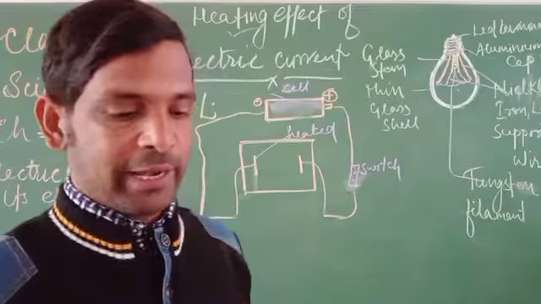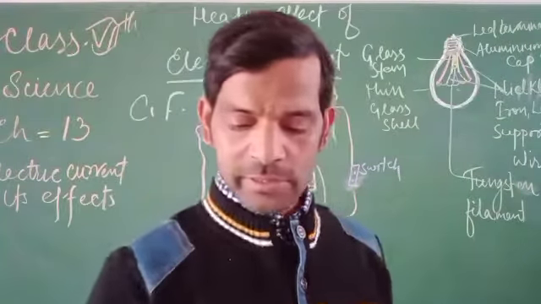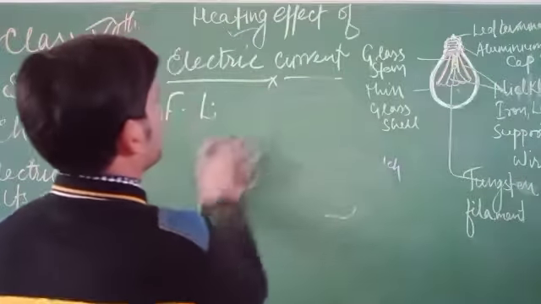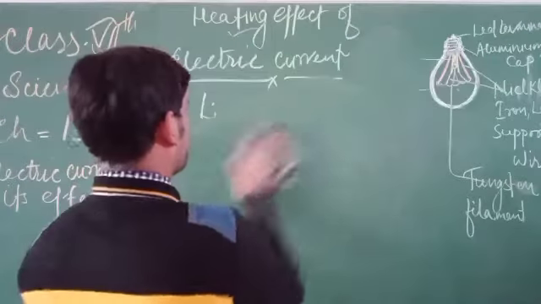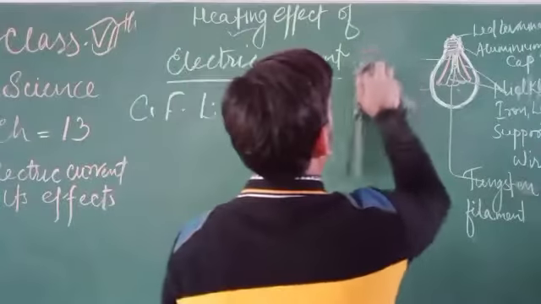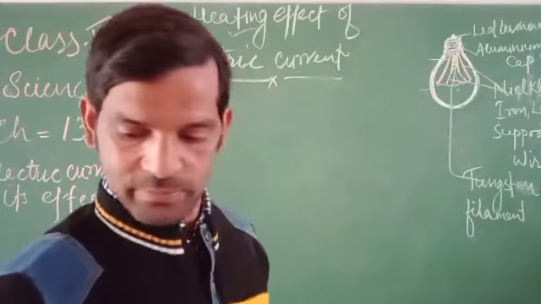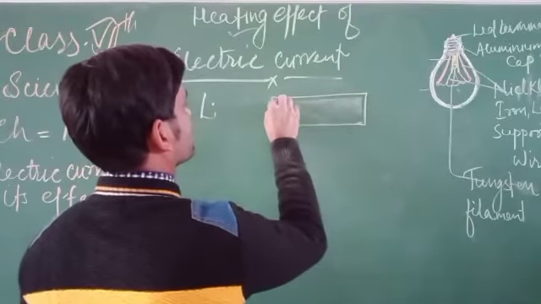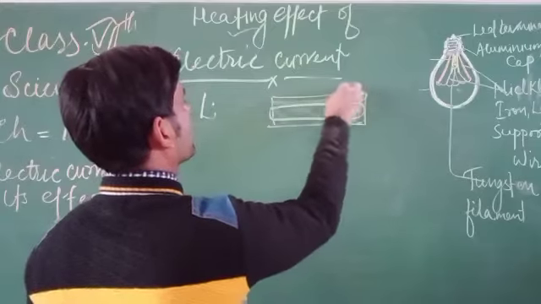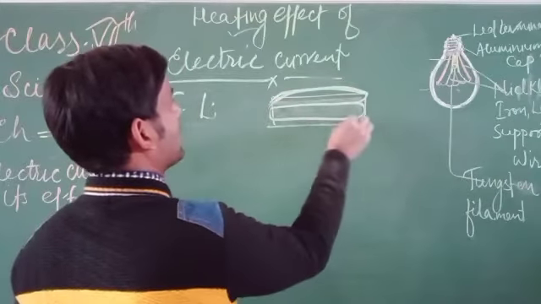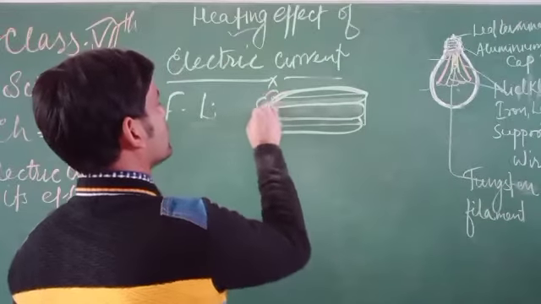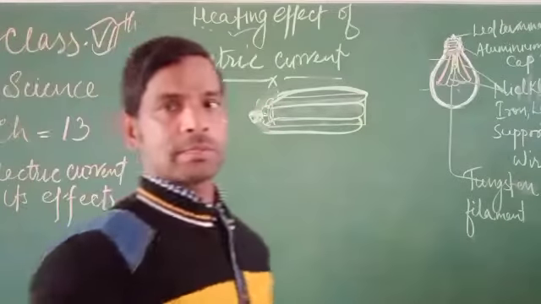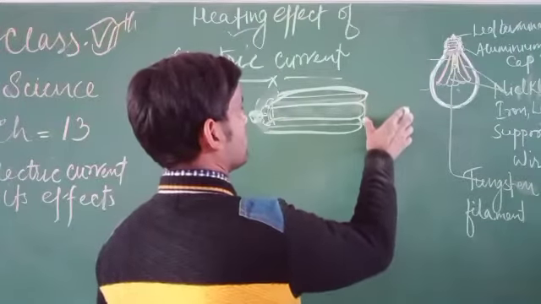What is a fluorescent light? It is a light in which there is a filament, and the LED is composed of what?